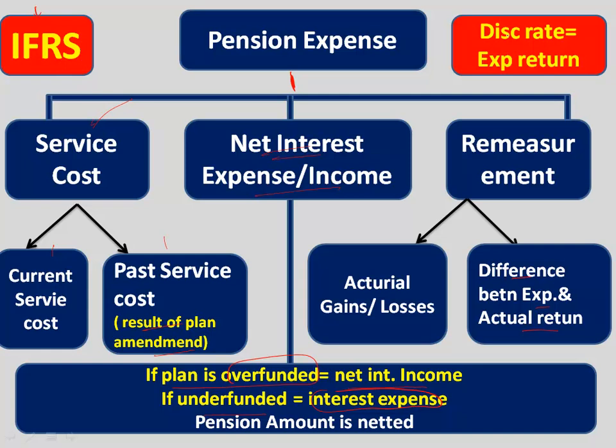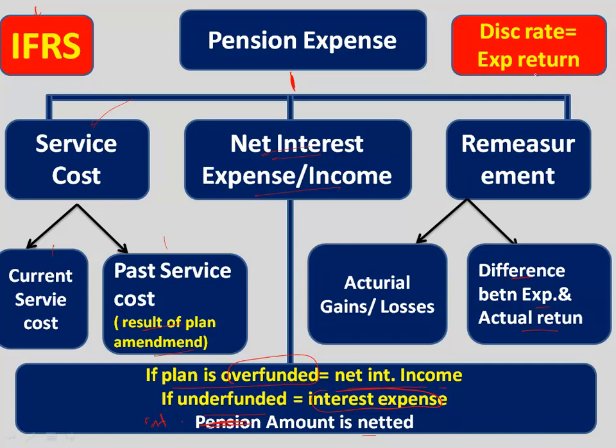Your expected return and cost of interest is same. So if there are more assets, then you would get a positive return on them. If there are more liabilities, then that would be an interest expense. That means in this case, I shouldn't have said pension, I should have said interest amount is netted. Are you following the intuition here?